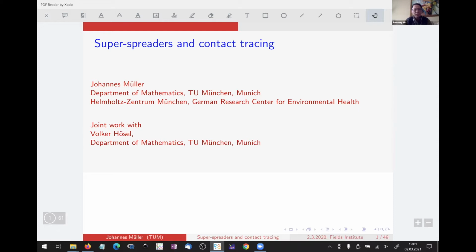Dr. Müller is also directing the division of biomass and biometrics from the Hermes Center in Munich, and is linked to a few important research groups in Utrecht, Netherlands, and Tübingen. I'm very glad he is coming today to talk about something we are keenly interested in: super spreaders and contact tracing.